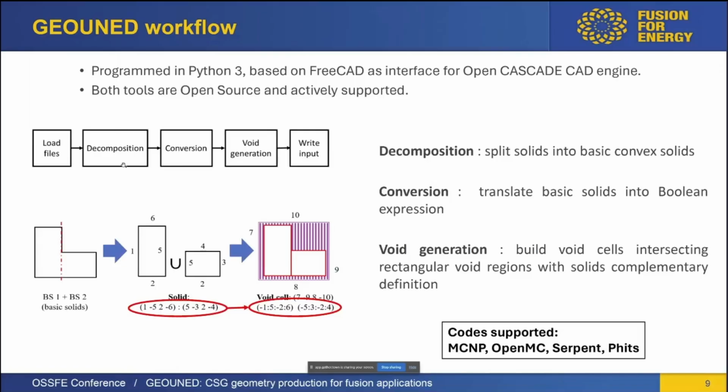Then you run the decomposition algorithm, which breaks down these step files into more basic convex solids. Then we do the conversion of these basic solids into Boolean expressions. And of course, the tool also has this automatic void generation, which fills up the space that was not explicitly represented in the CAD model.